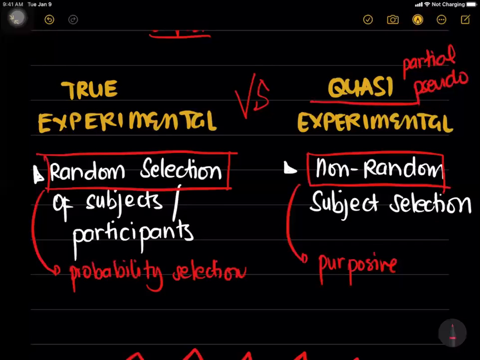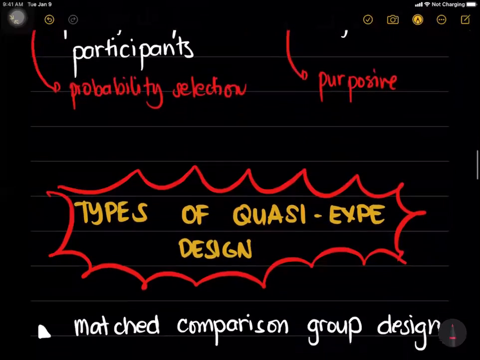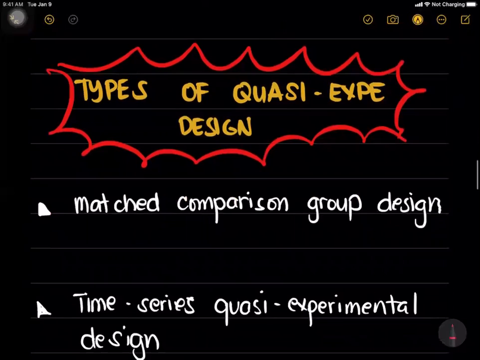One of those reasons is the limited number of participants, respondents, or subjects. Let's say you have a specific target subject and only very few of them are available. So you cannot do randomization anymore because of such limitations.